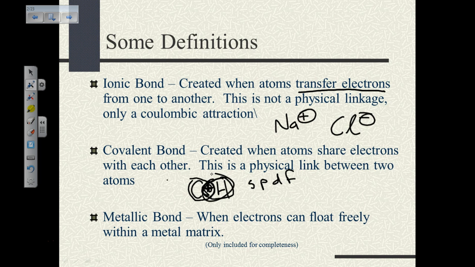Okay, and the third type of bonding is a metallic bond. And so if we have metal nuclei, these little dots symbolize nuclei, that means the electrons can float around anywhere they want within what they call a matrix of the metal.